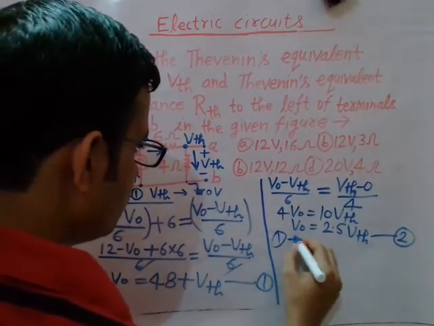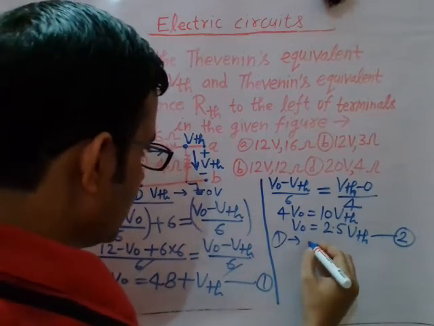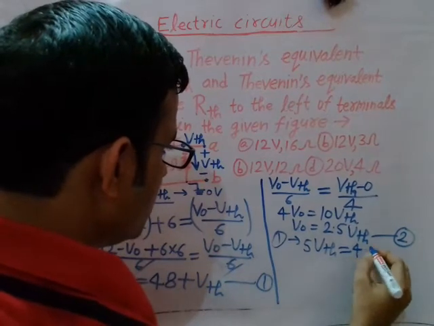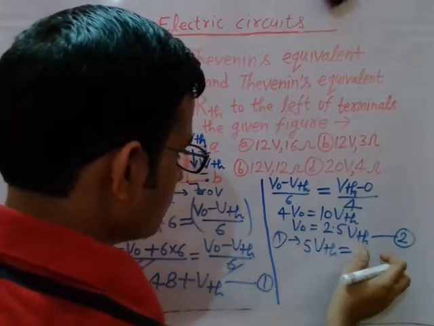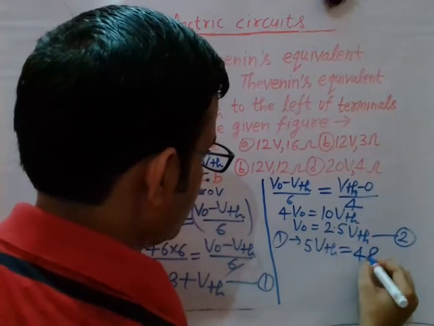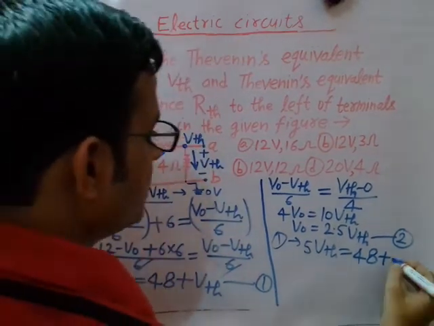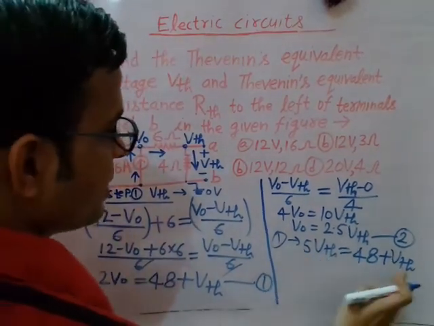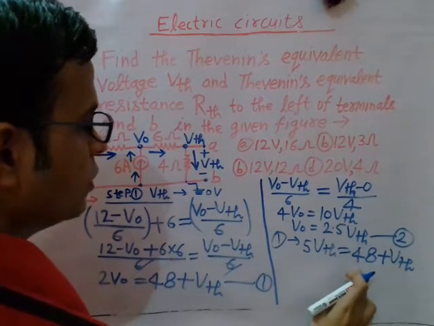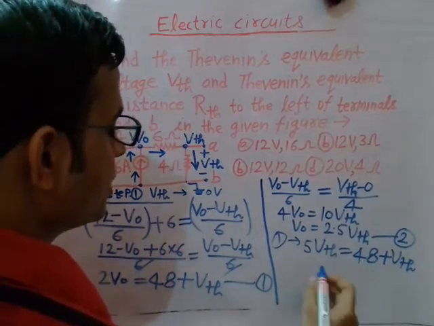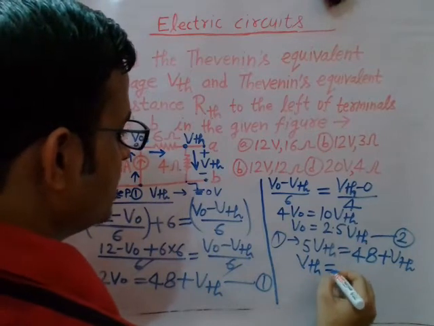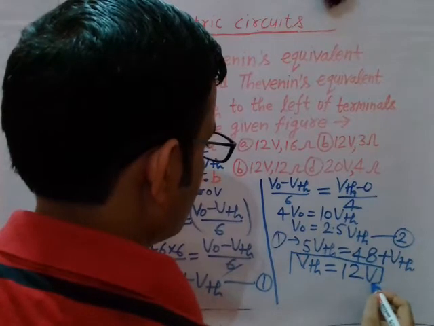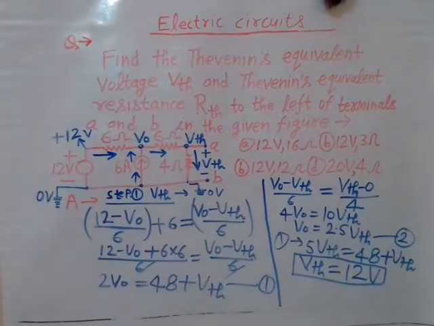So from the equation number 1, you will write 5 VTH is equal to 48 plus VTH, right? So 5 VTH minus VTH, 4 VTH equal to 48, it implies that VTH is equal to 12 volt, right? VTH equal to 12 volts.